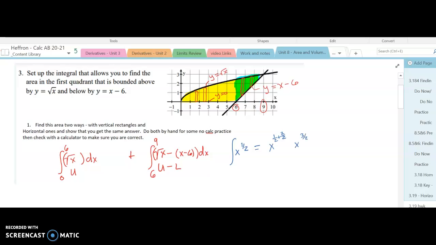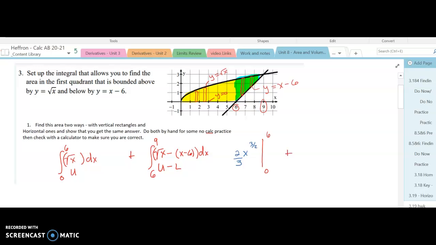We'll divide by 3/2, which is the same as multiplying by 2/3. That's our antiderivative. We want that evaluated from our lower limit of 0 to our upper limit of 6.